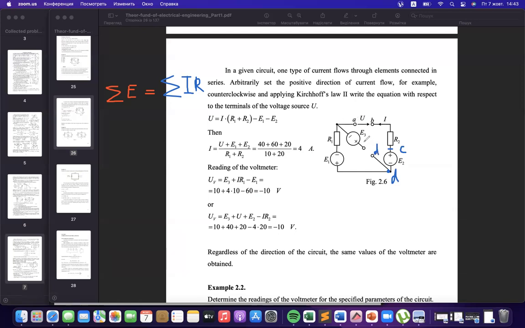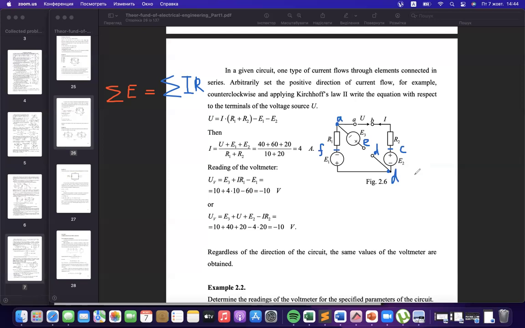Then A, let it be E. And for example, F. All the potentials we have. This point also will be A because there is no element between them.